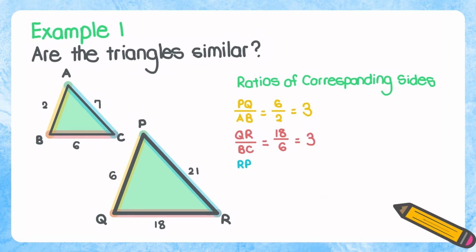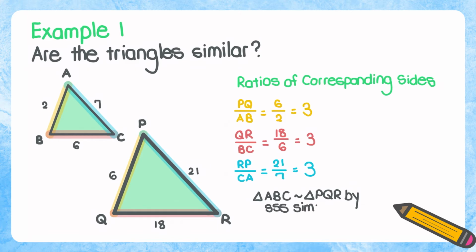So RP over CA equals 21 over 7, which also simplifies to 3. So because all three ratios of the corresponding sides are the same, we can say that the two triangles are similar to each other. So triangle ABC is similar to triangle PQR by side-side-side similarity.